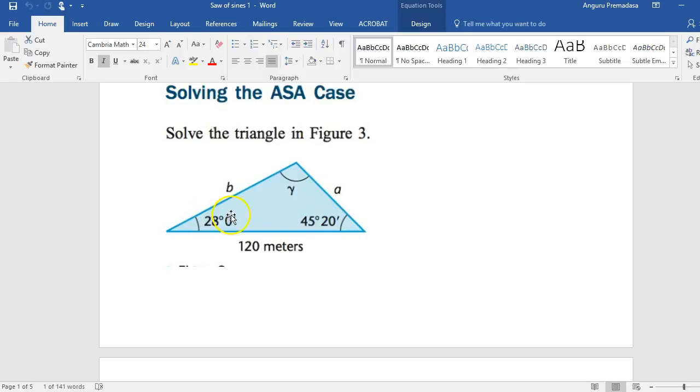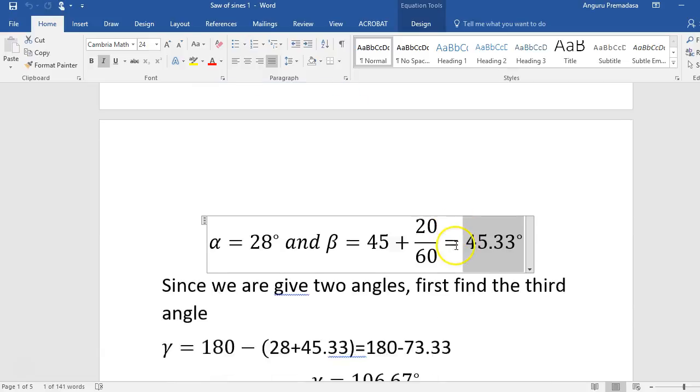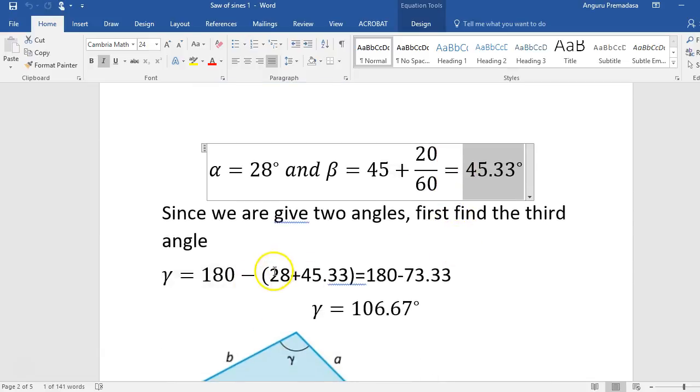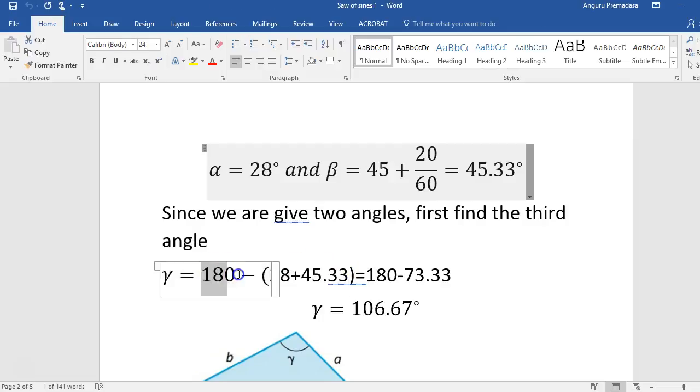When we know two angles, the easiest thing to do is to find the third angle. How do we do that? We know that the angles of a triangle add up to 180. So we can find the third angle, gamma, by adding the two angles we know, 28 and 45.33, and subtracting from 180.